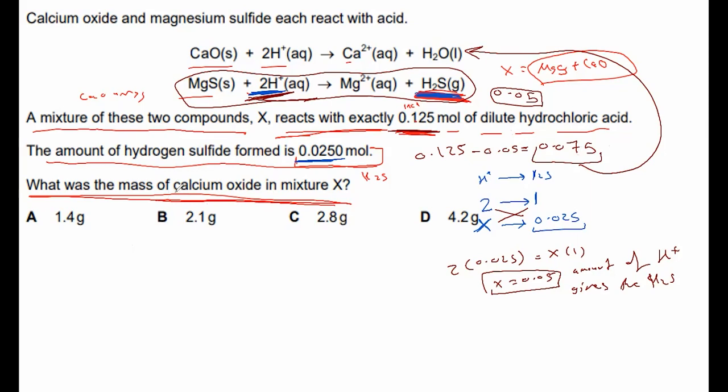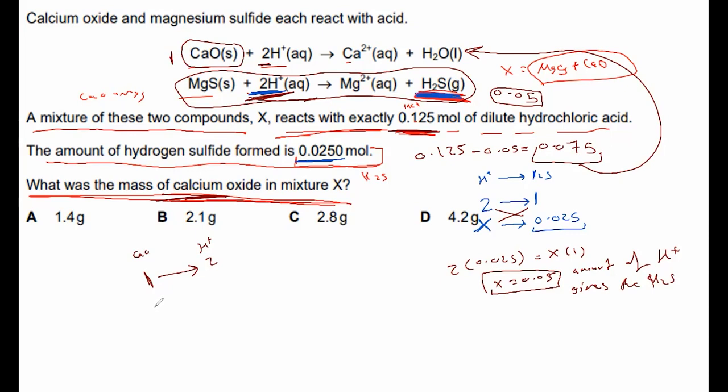Don't forget we need the mass of calcium oxide. CaO, guys, 1 mole of it reacts with 2 moles of acid. And what do we have as well?